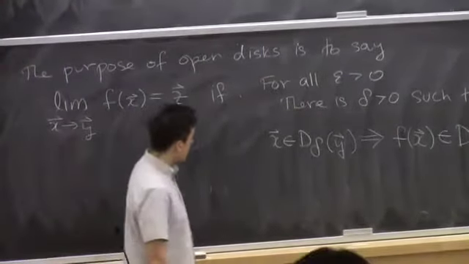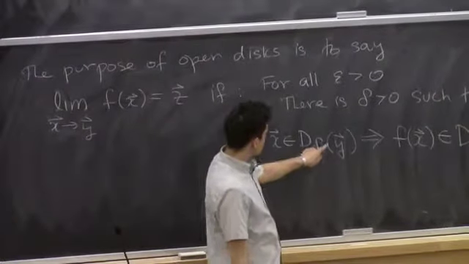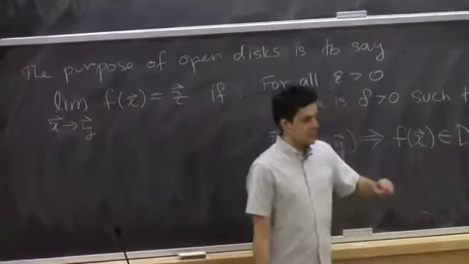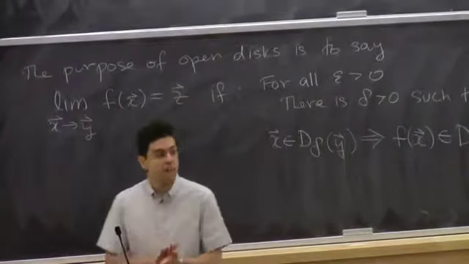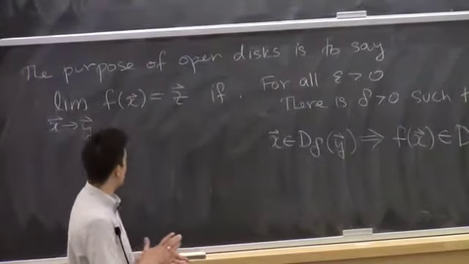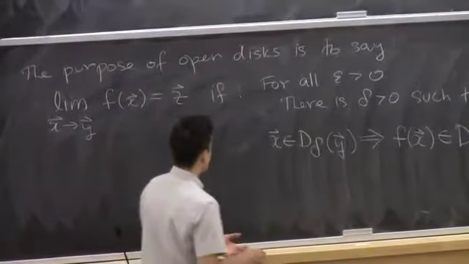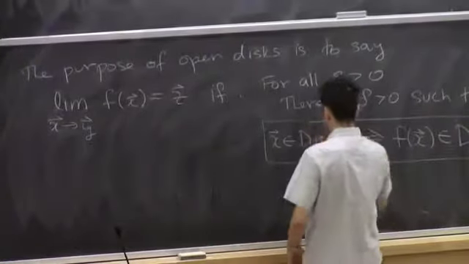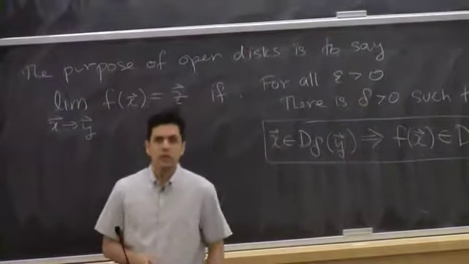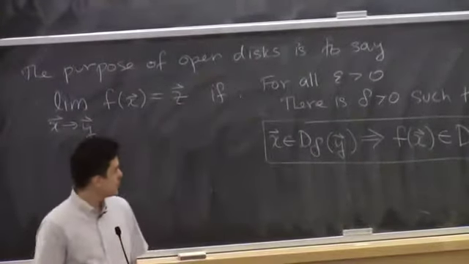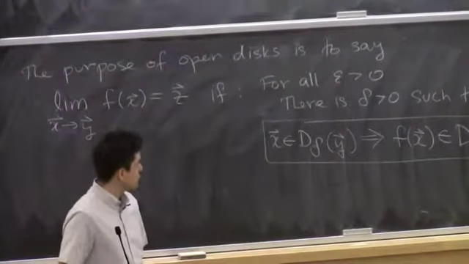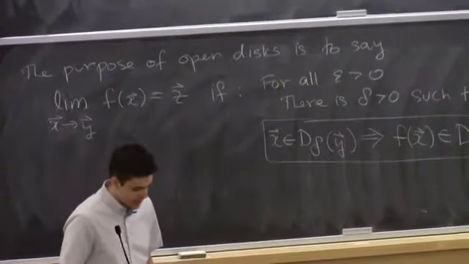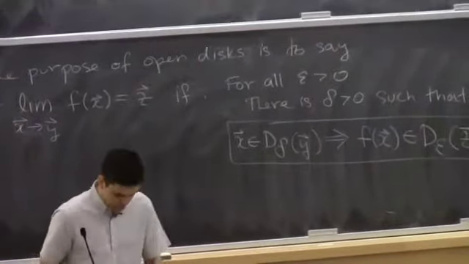If you're in the disk of radius delta about y, then F is in a disk of radius epsilon about z. So this phrase is our condition of being a limit in a nicer way. And I want to say an even nicer rephrasing of things.